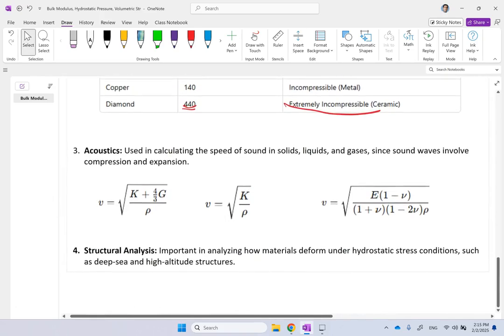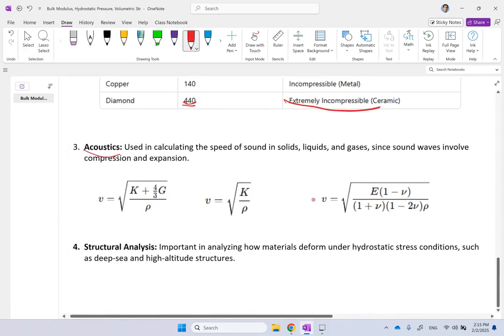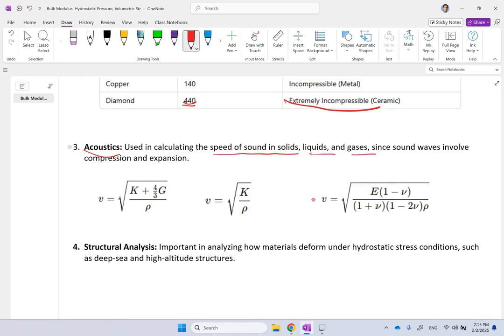The other application is acoustics. In acoustics, maybe I'll do a video on this. If you want to calculate the speed of sound propagation in solids, liquids, or gases, then the formula, based on the bulk modulus K, for solids is the square root of K plus 4 over 3 G, over rho.